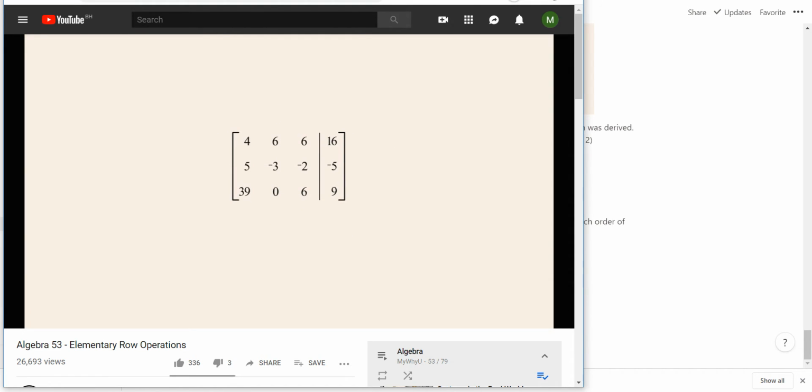For example, using the scale operation, we could multiply all the elements in row 1 by the constant 2. The result would then replace all the entries in row 1.